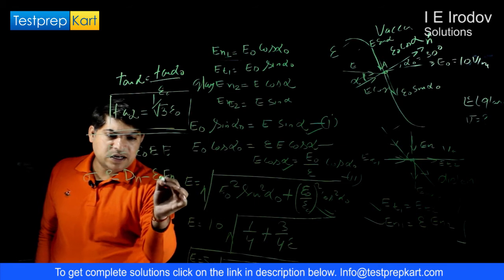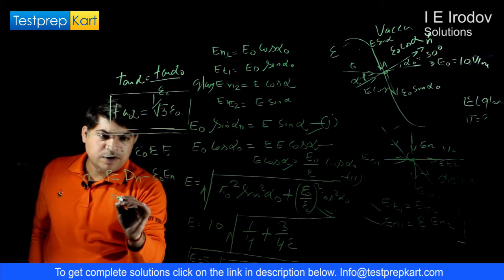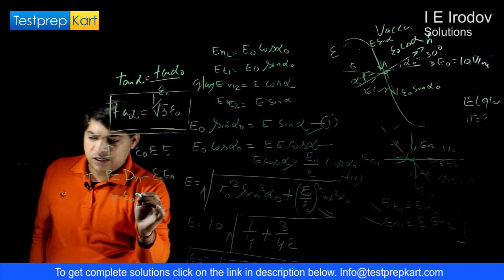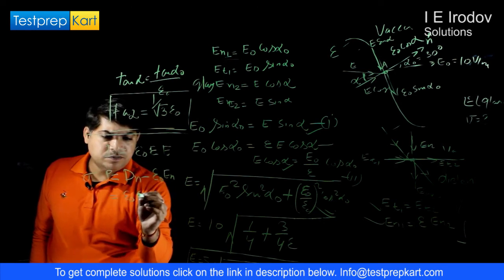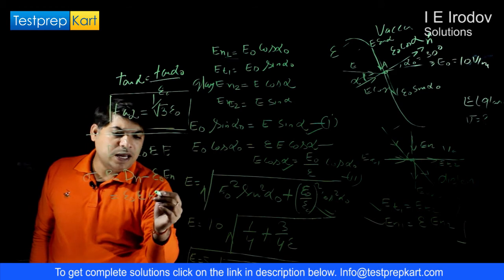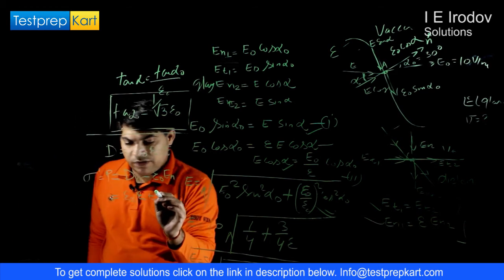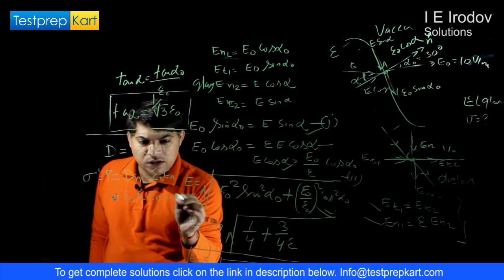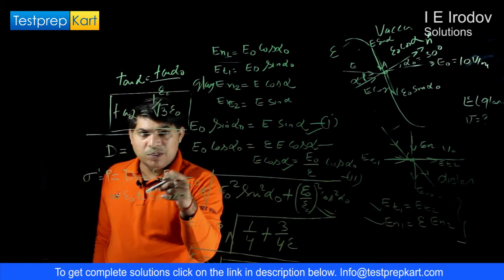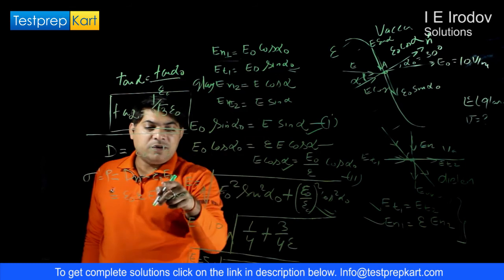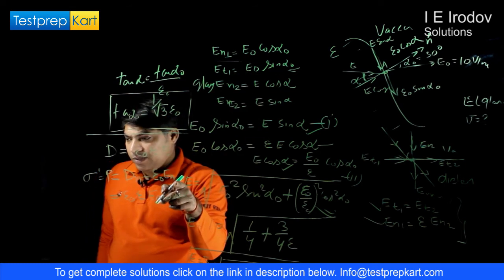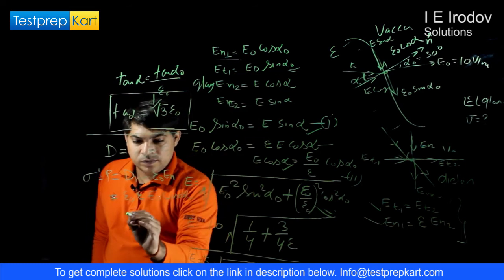From here we can substitute the value of Dn, that is epsilon naught into En, where En is E naught cos alpha naught, the normal component we already calculated for medium 1. For the second medium, this must be divided by epsilon.